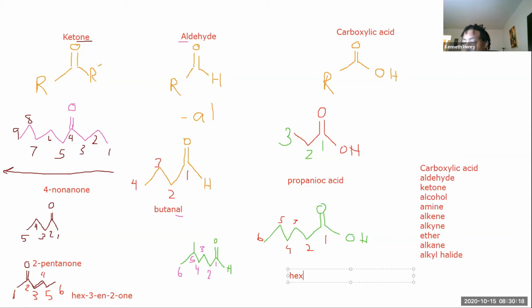Is there any double bonds? No double bonds. And then what do we put at the end? "Oic," then acid. That's right. Hexanoic acid. Simple? Yes.